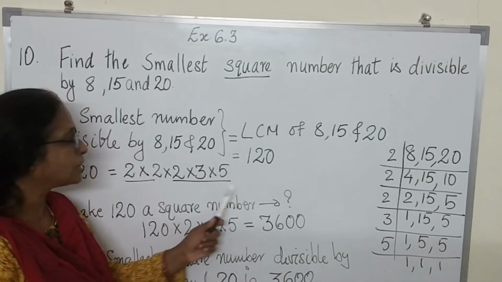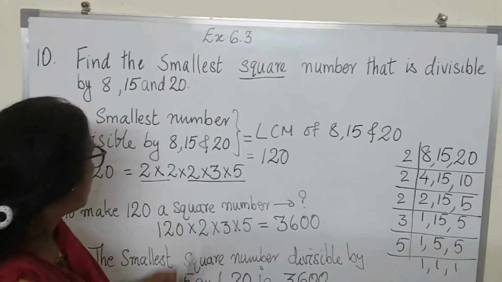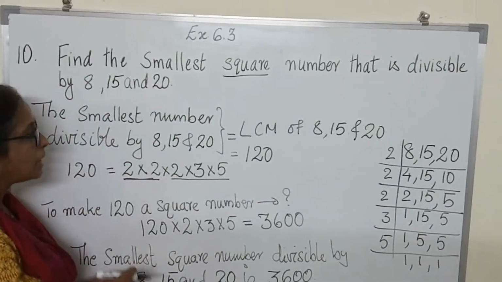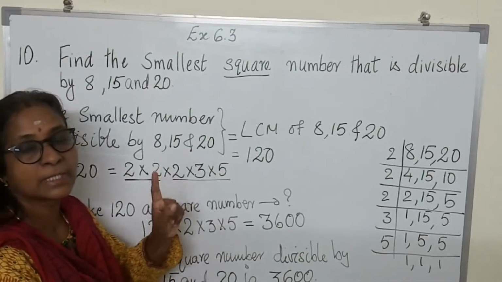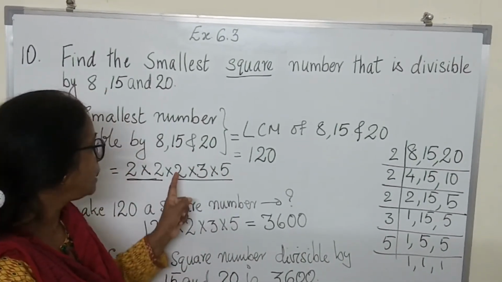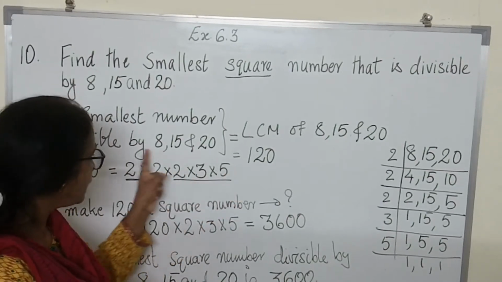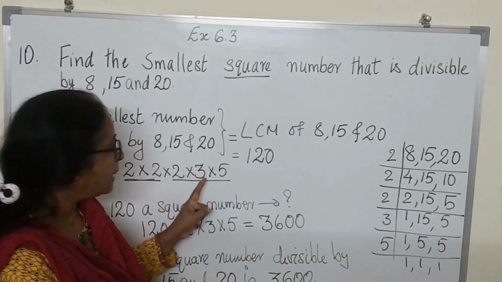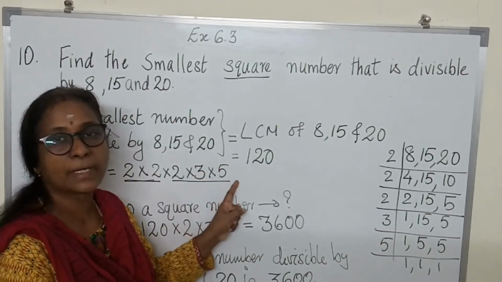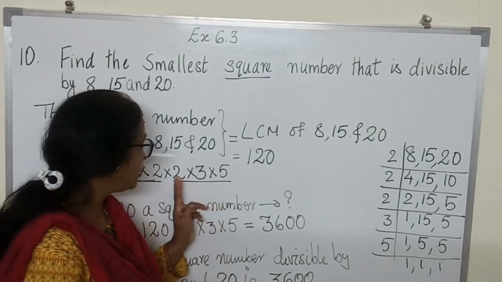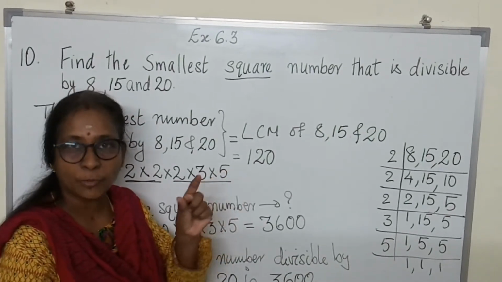Now you see, is 120 a perfect square? Look at the factors, you will come to know. Here you got one pair of identical factors. The remaining factors are all single. So to make it a perfect square, we need to multiply by 2 multiplied by 3 multiplied by 5, because all these three factors are single and we need to make all of them into pairs.